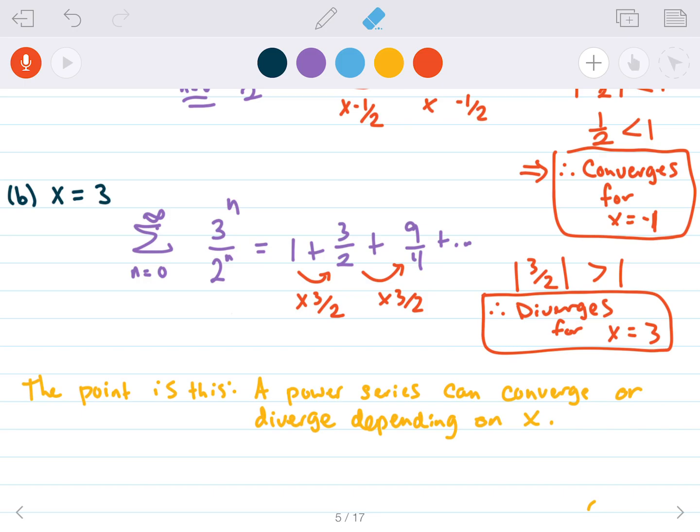So for these things, x is going to be fixed. You pick a number, you plug it in, and you see what happens there. And that's the point I'm trying to make here.